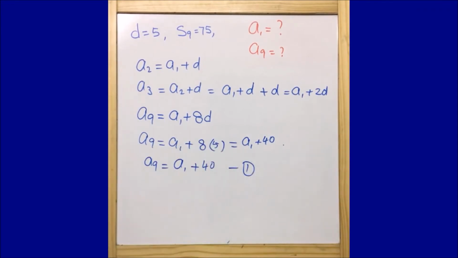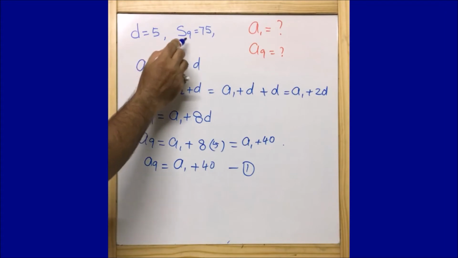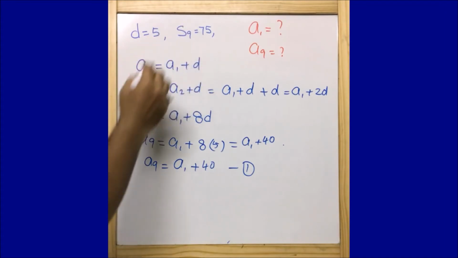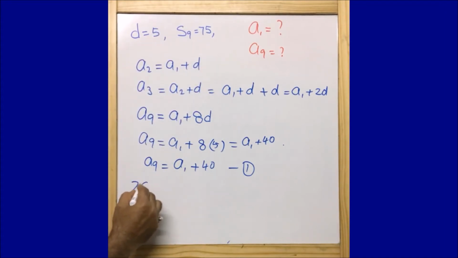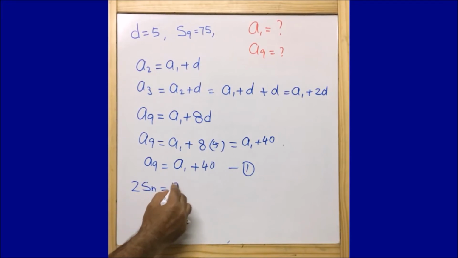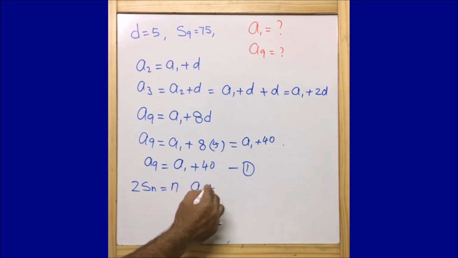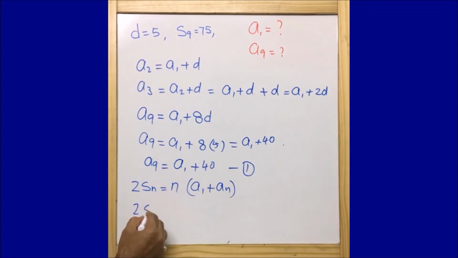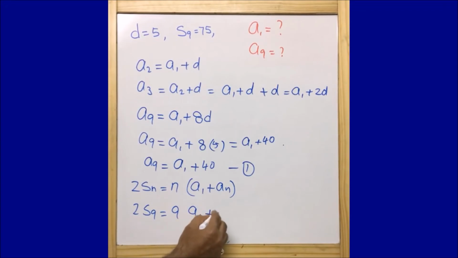Now guys, we very well know the sum of an arithmetic progression, because here they have given also S9. Now let us utilize this value also. So I can write 2Sn is equal to n into A1 plus An, or I can write 2S9 is equal to 9 into A1 plus A9.